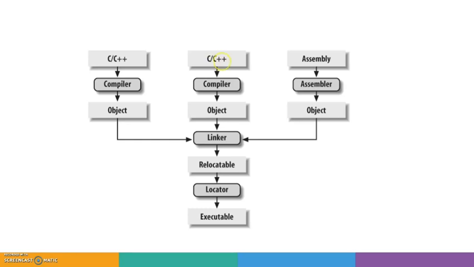So first we'll be converting that and we'll be getting object files. The object files are in ones and zeros. Then after converting that, we'll be giving that to a linker. The linker will be combining the three object files. Then we'll get a code that will be relocatable. The addresses have to be reallocated. Then we'll be giving that to a locator, and we'll get the final executable ROM image. Okay, so that is how we do the high level coding.